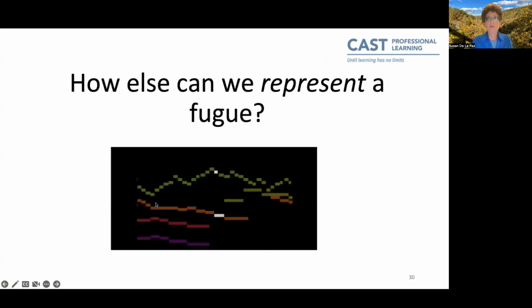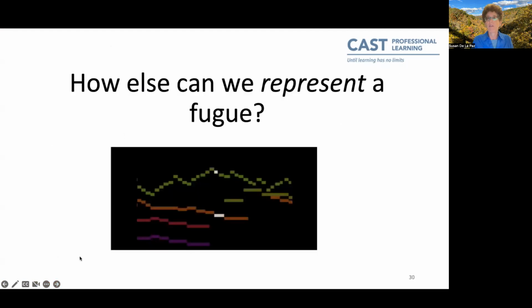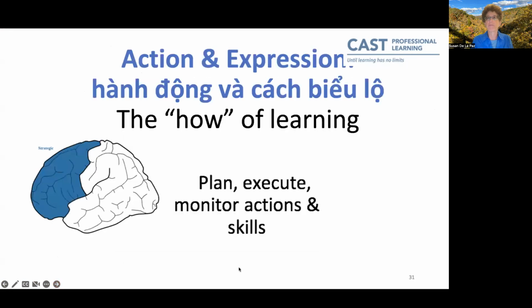My link isn't working, but we would actually be able to open a YouTube link and hear a fugue being played. So the point there for representation is I could have a traditional written way. I could also have a way which is done through computer-assisted technology or sound. I could actually hear a fugue as opposed to reading the fugue.